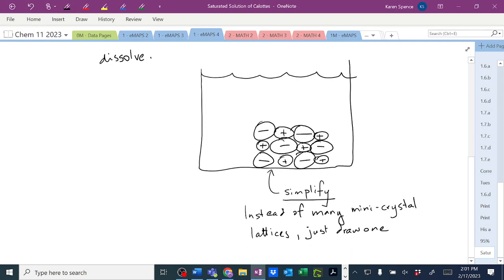Okay, so we've got that there. What substance is this? That is the calcium hydroxide, yes.